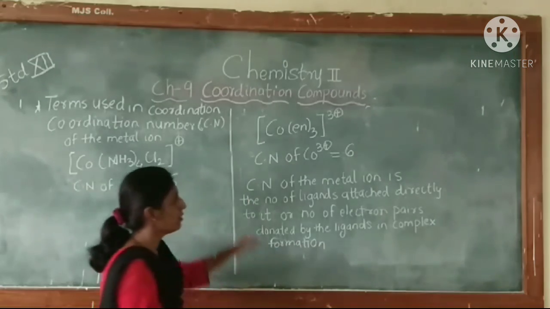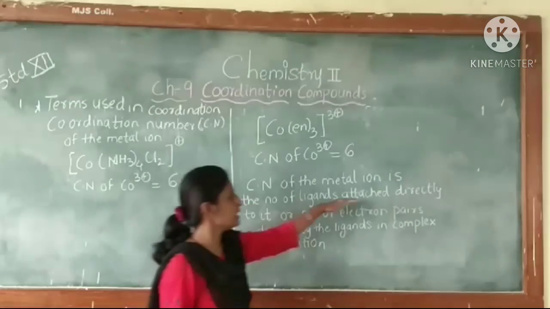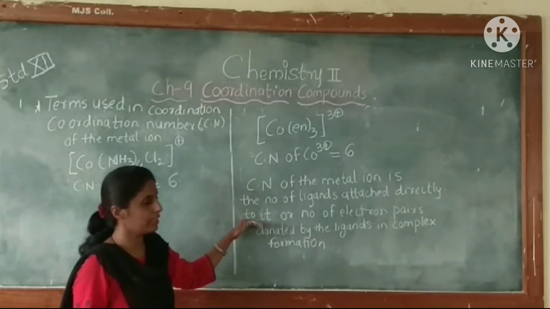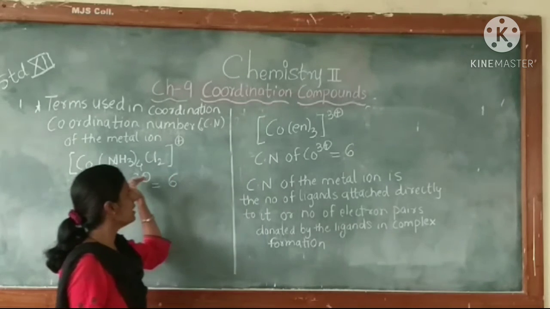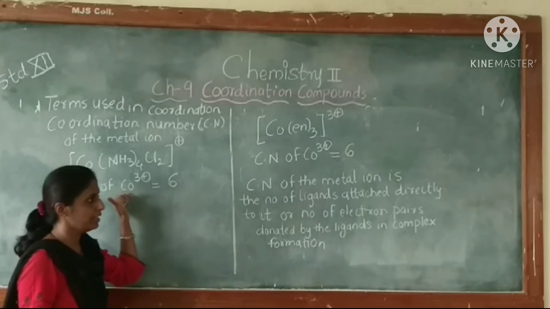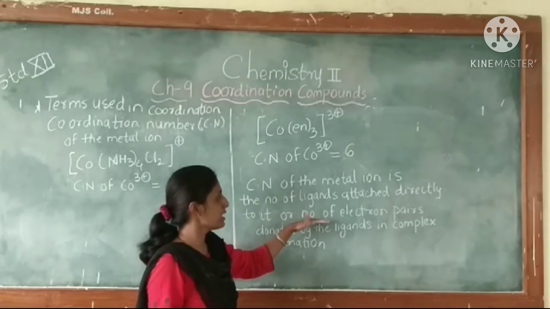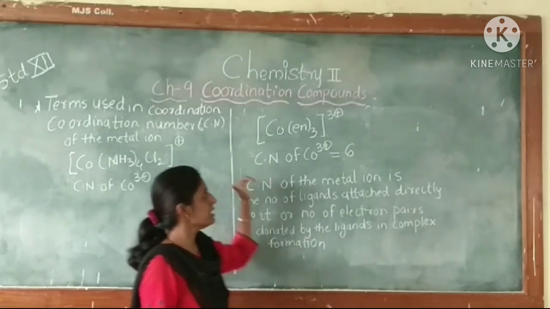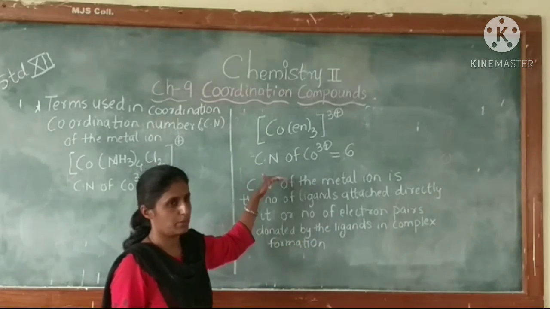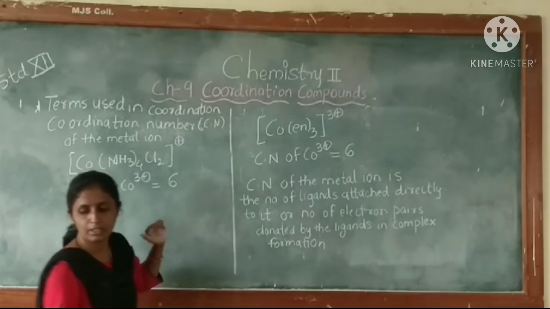The number of ligands is equal to the coordination number only when the ligands are monodentate. But if the ligands are not monodentate, then the number of electron pairs donated by the ligands is equal to the coordination number of the central metal ion. Thank you.